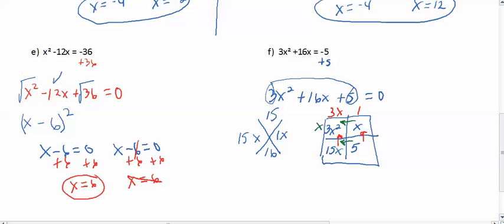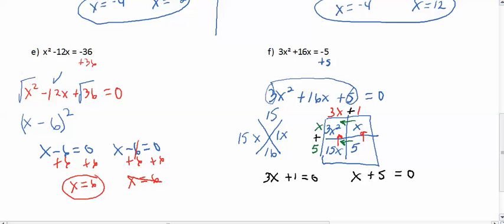And then what do these have in common? A 5. Okay, and our sign comes from each of these boxes. They're both positive. So now we have 3x plus 1, and we're going to set that to 0. And x plus 5, and we're going to set that to 0.